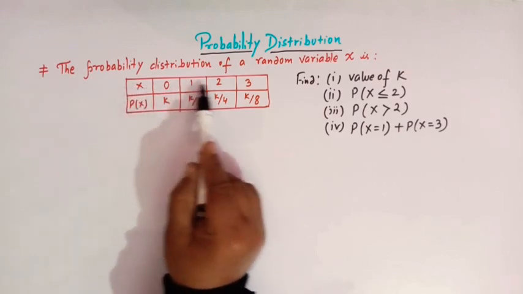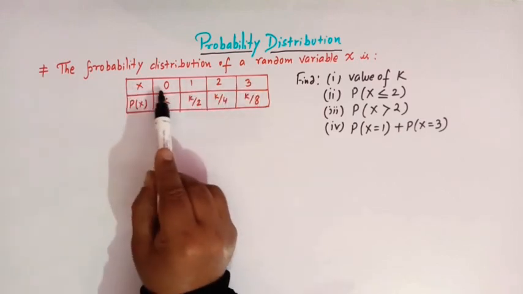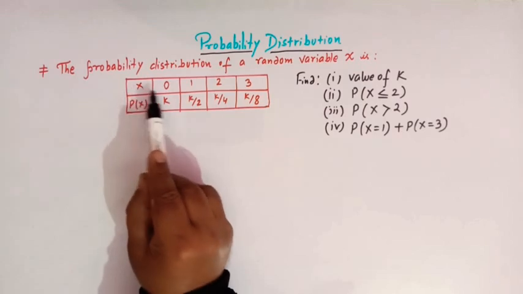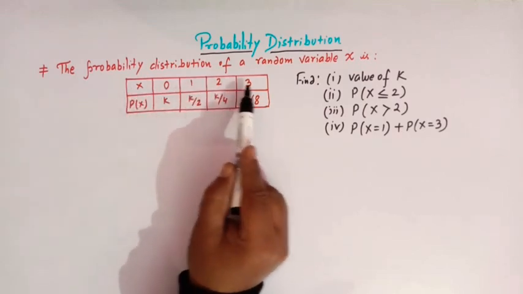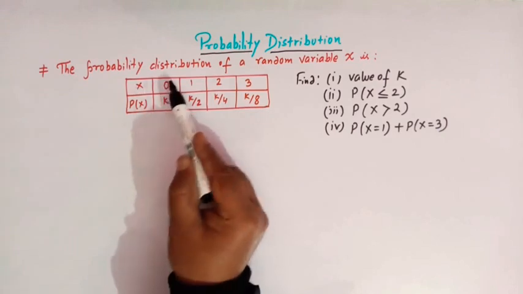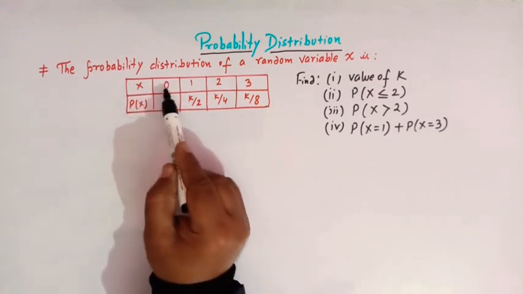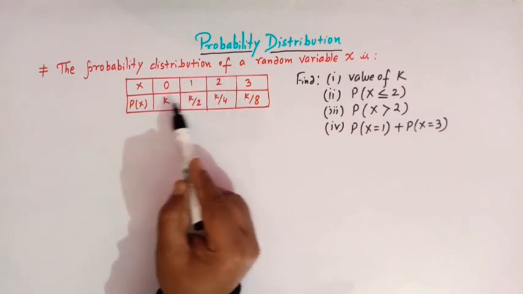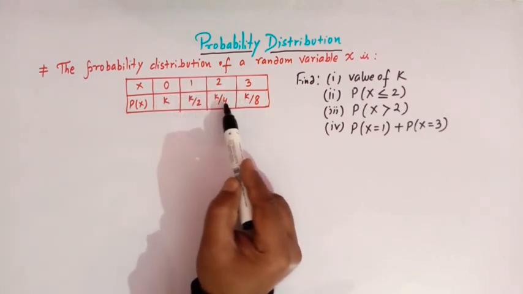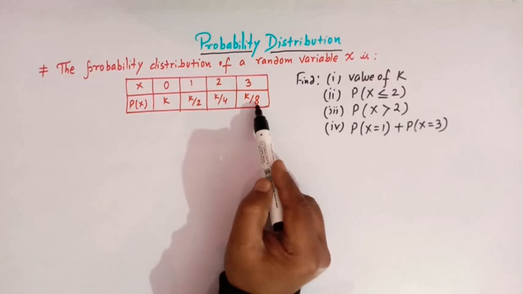So in the first row we have the values of x. So x takes the values 0, 1, 2 and 3, and the corresponding probabilities of x to these values are k, k by 2, k by 4 and k by 8, right?